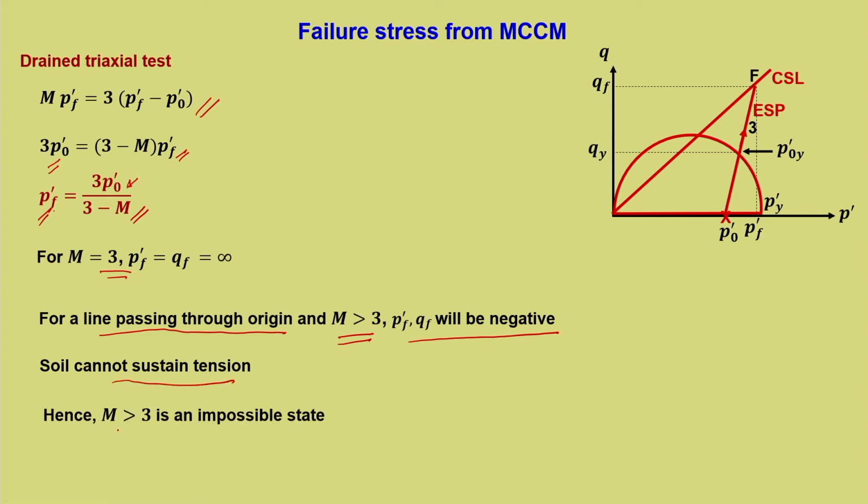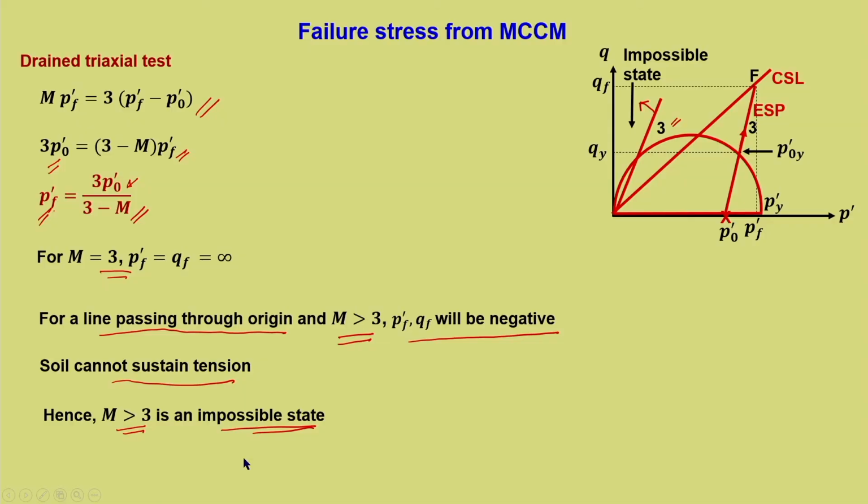So hence M greater than 3 is an impossible state, and that impossible state is at an inclination of 3 we have drawn. Now anything more than this is not possible, because it will be negative and soil cannot sustain tension, and that is the reason we have defined it as a tension cutoff zone, another state boundary on the left side. So, that is the boundary beyond which the soil will not exist.